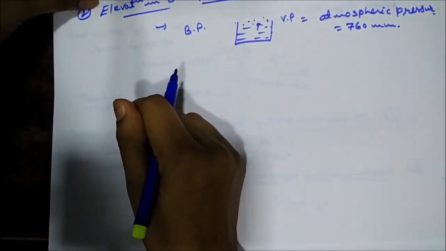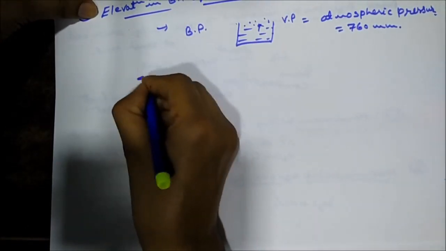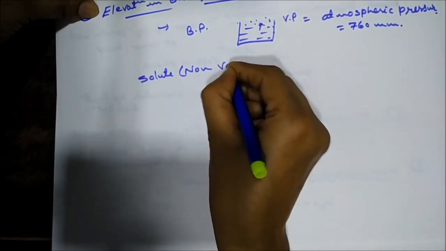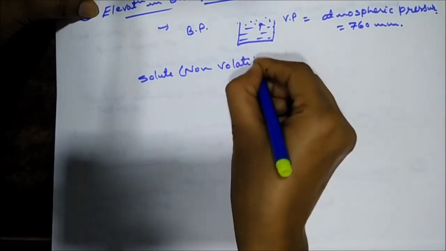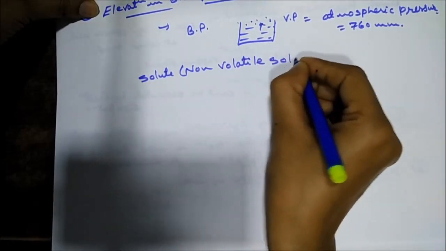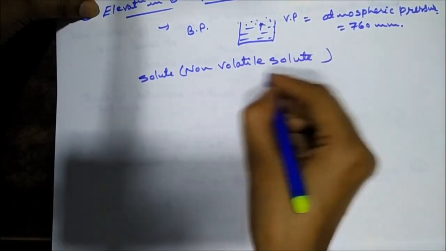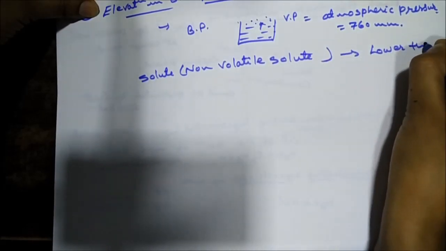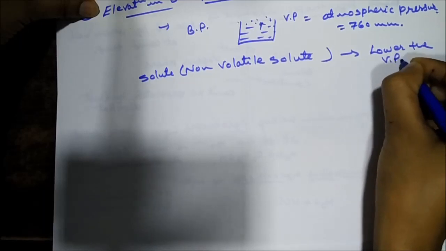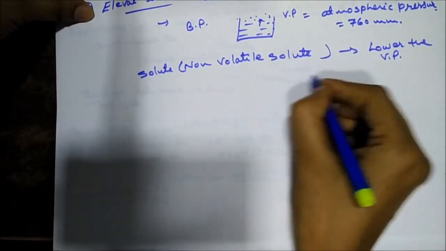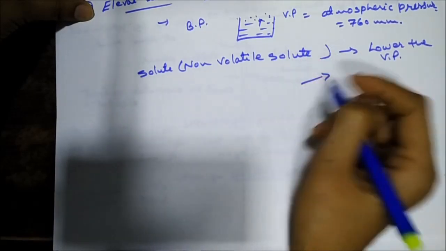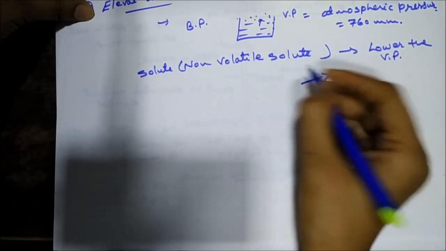And since the addition of a non-volatile solute will lower the vapor pressure, we need to heat this solvent, this solution.